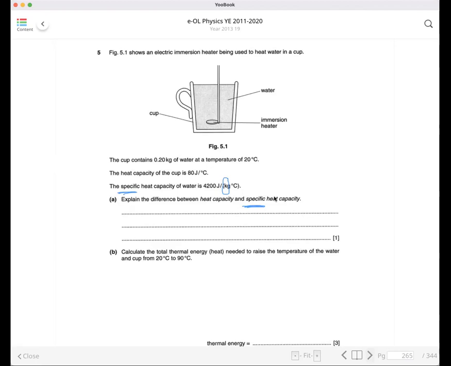Okay, no need. So basically, specific heat capacity is a fixed or constant value for a material, because it is the same value for every material. Whereas heat capacity depends on whatever is there. If it's 1 kg of water, this is basically for the 1 kg of the cup. If it's 2 kg of the cup, it's basically for the 2 kg of the cup.